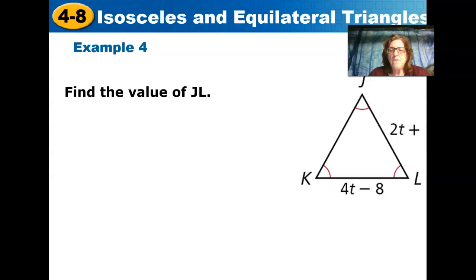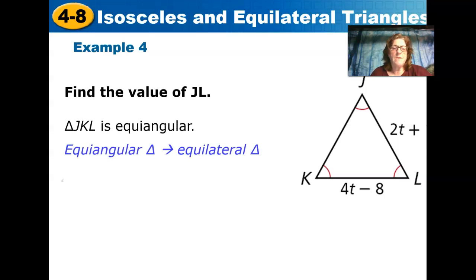Those sides would be congruent to one another. You need to solve for t and then find the length of JL. So t is equal to 4.5, and the measure of JL is 10.